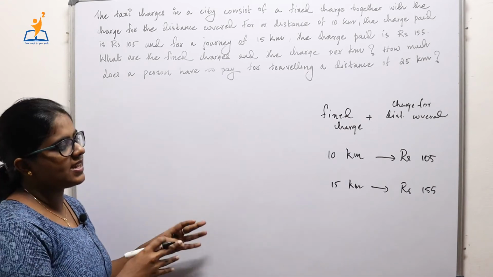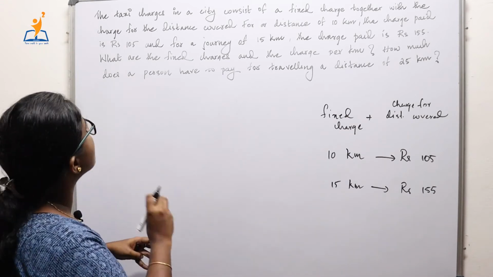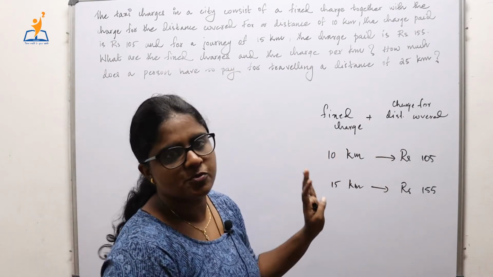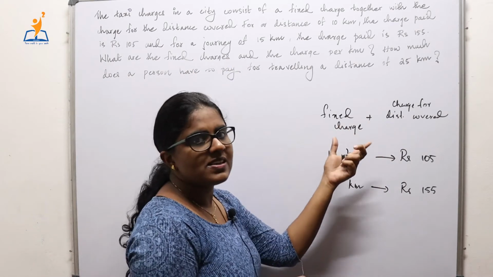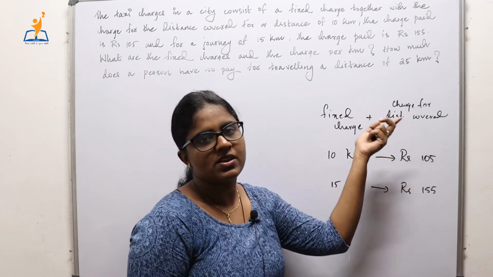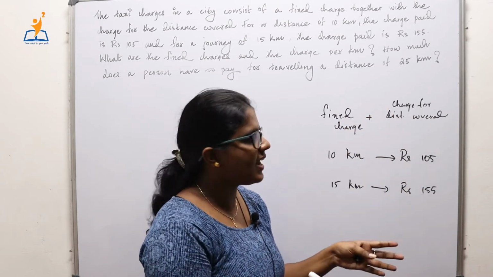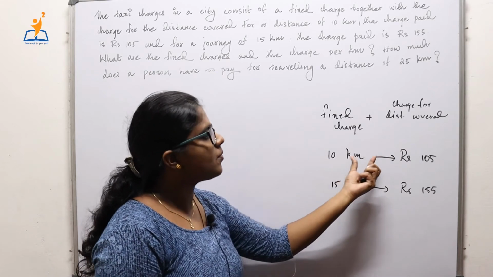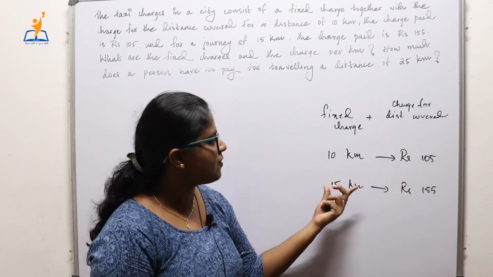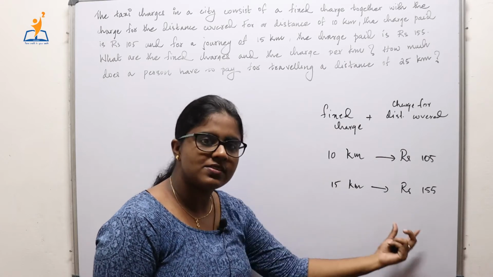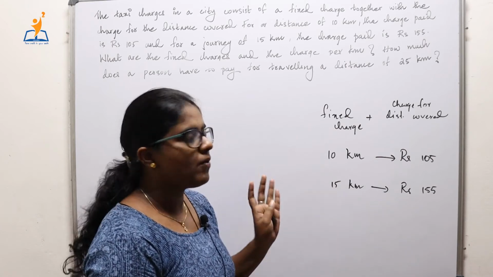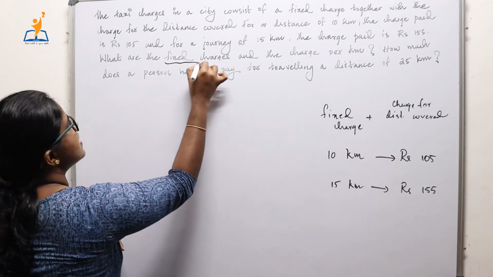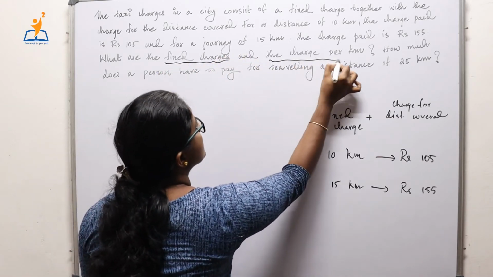So these are the data given in the question, and we are asked to find the fixed charges and the charge per kilometer. Always a fixed charge is added to the charge per kilometer, and hence we can find the total charge. It is given that for 10 kilometers the total charge is 105, and for 15 kilometers the total charge is rupees 155. Here the unknowns are the fixed charge and the charge per kilometer.